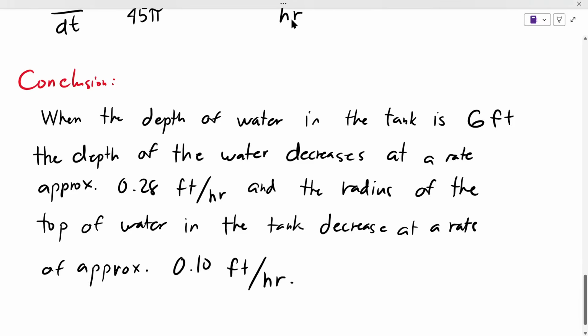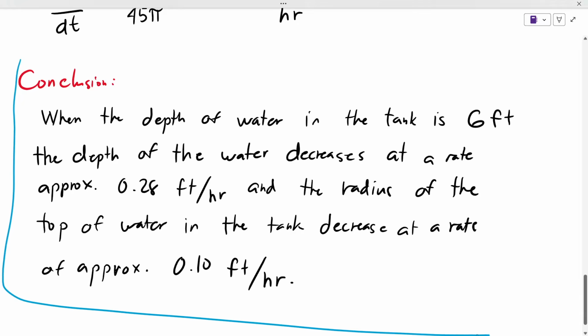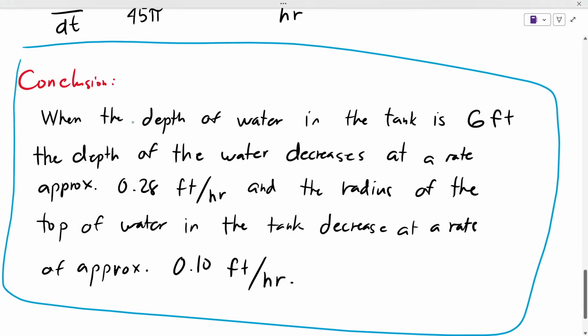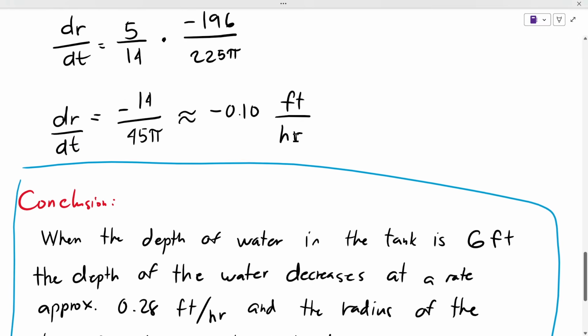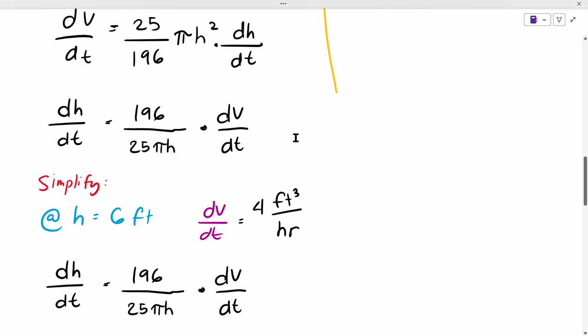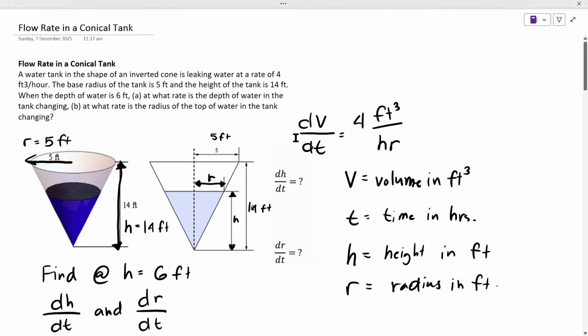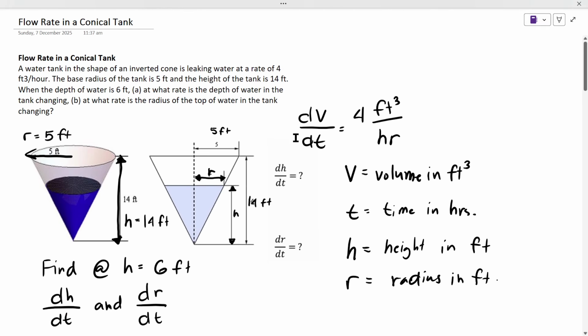Right, this is our conclusion. Okay, so this is how you solve problems involving related rates.